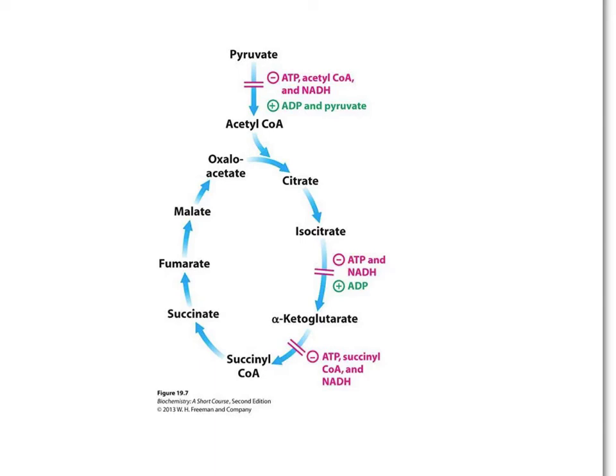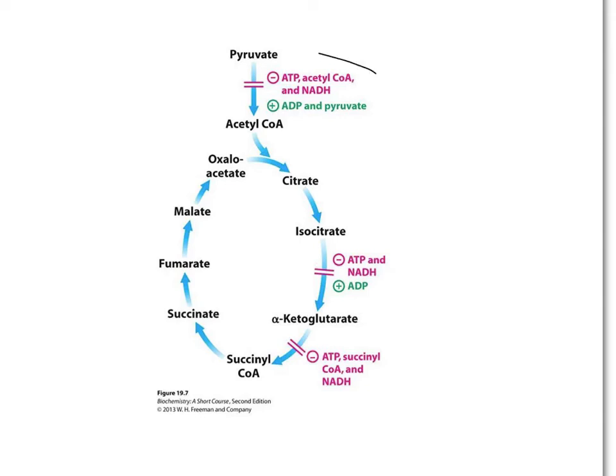So the conversion from isocitrate to alpha-ketoglutarate, where we get the oxidative decarboxylations. Why would that be a smart place to control?